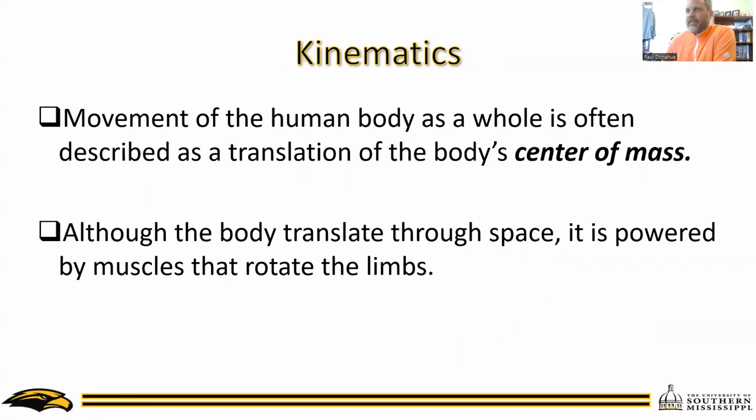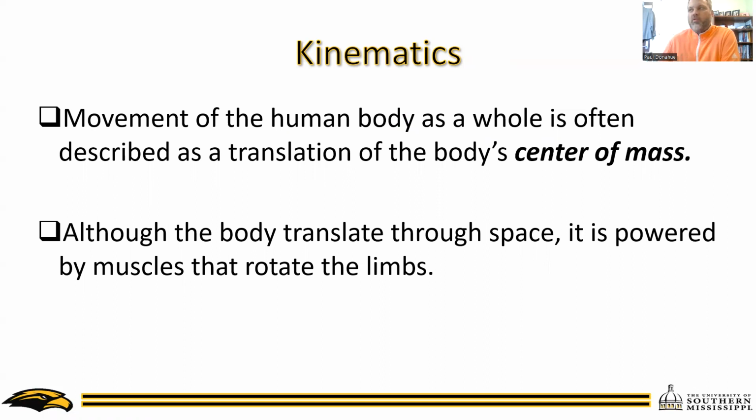Now, to get back to this idea of kinematics, what we are talking about is, again, the description of the object, or for the purposes of this class, the center of mass moving.